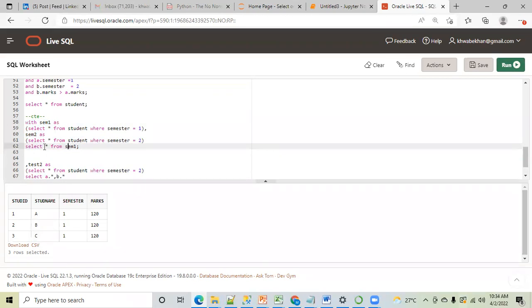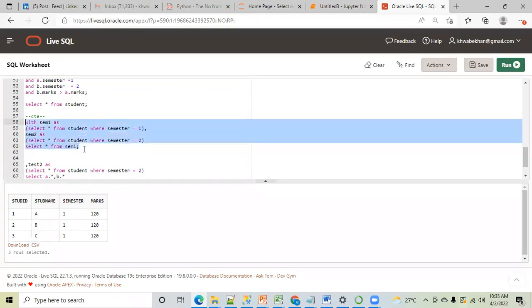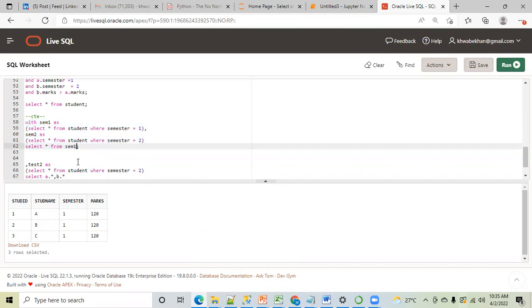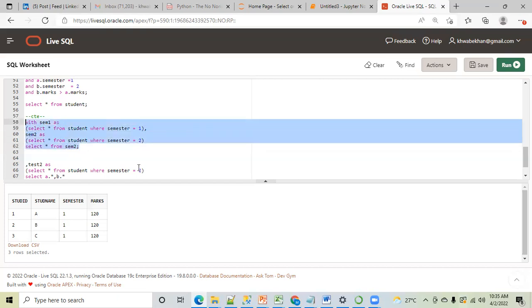Now, if I execute this query, what should be the output? Which table data am I looking for? Semester 1. So we are getting only semester 1 data, correct? Now, if I write SEM2, what will happen? Which semester data will I get?